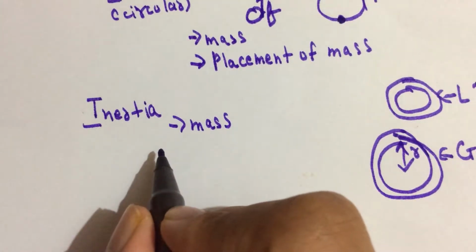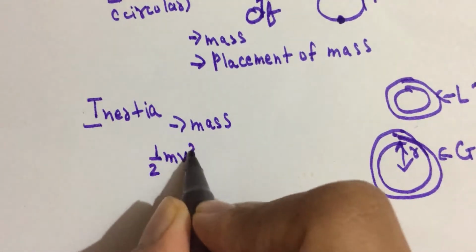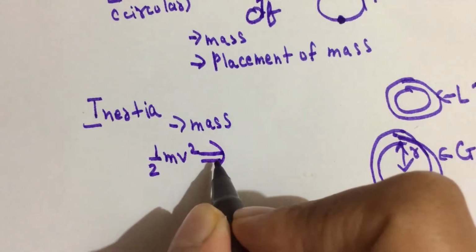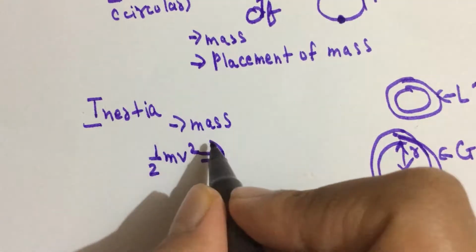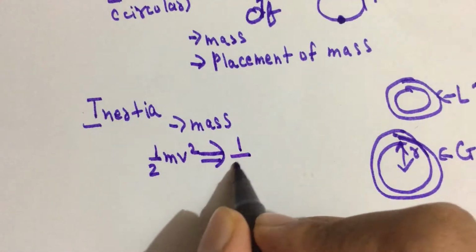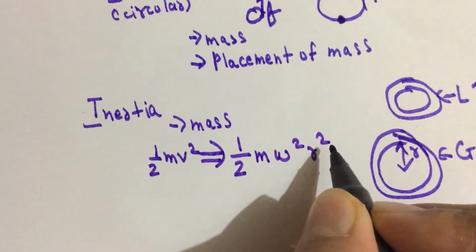The kinetic energy that this particle possesses is half mv square. Now if we write this in terms of circular motion, which is what we want to do, we will have half m omega square r square.